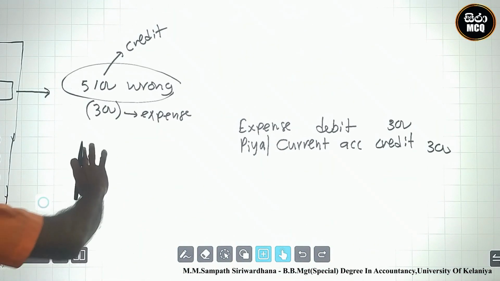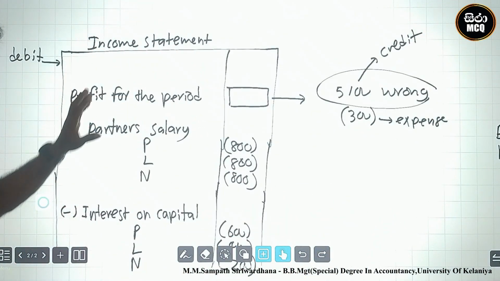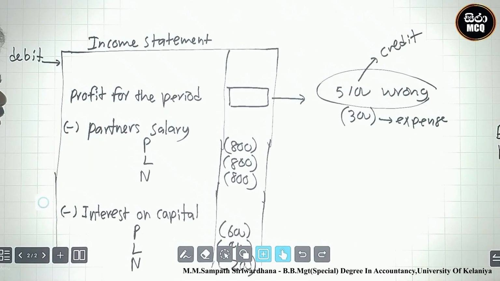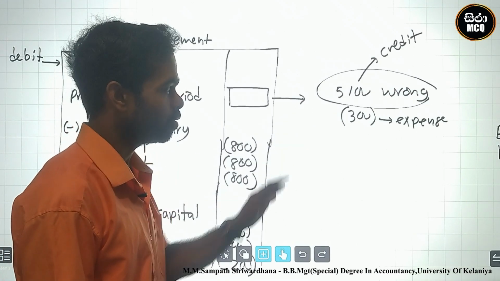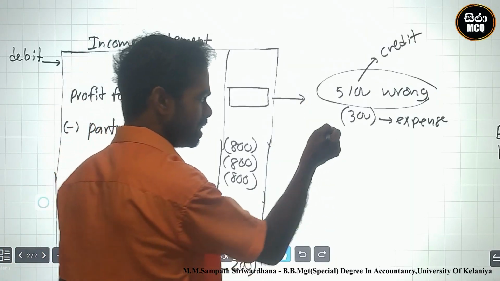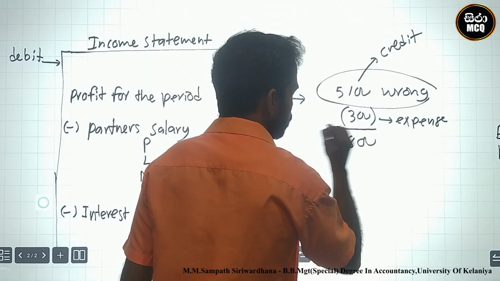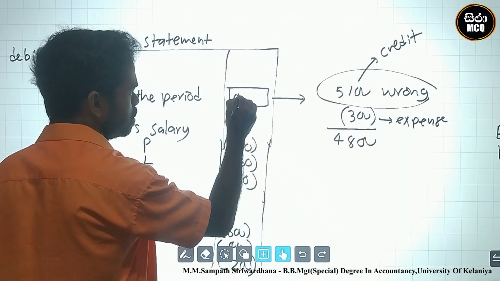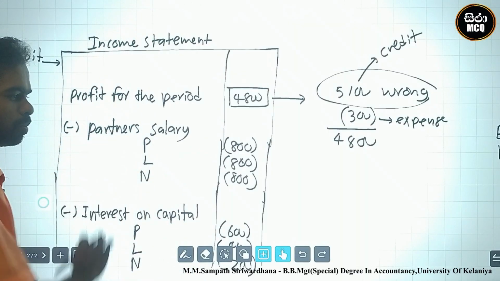Profit shares we already calculated. Look here, this is the income statement. This is the draft profit calculated. 5100 was the wrong profit. We adjust expense minus, correct profit is 4800. 4800 should be carried to profit for the period.